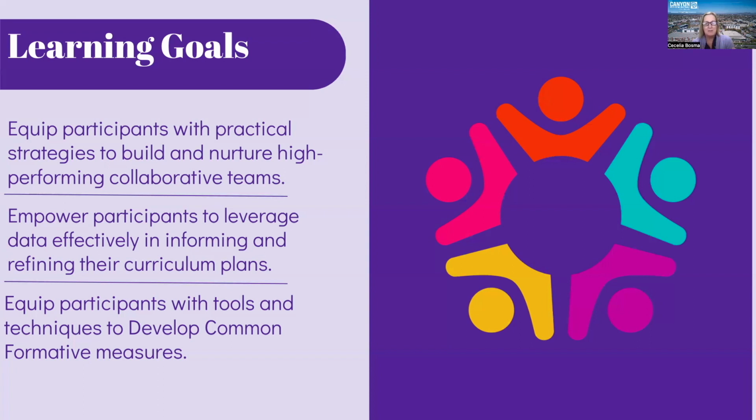We want to focus on leveraging data to effectively inform and refine your curriculum plans as you're doing that co-planning. And then also think about tools and techniques for developing a common formative assessment and what that might look like.